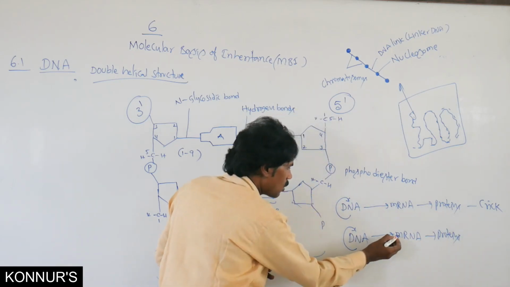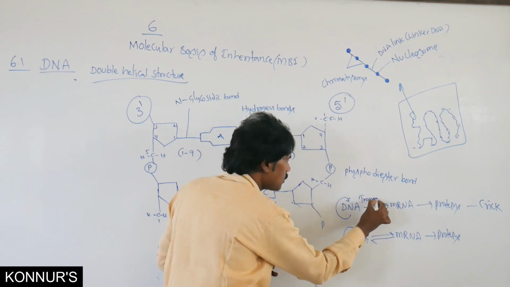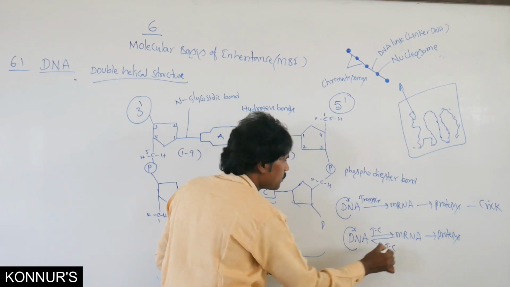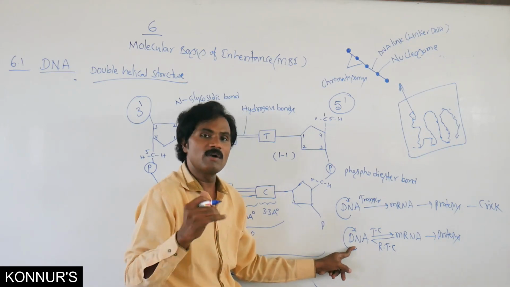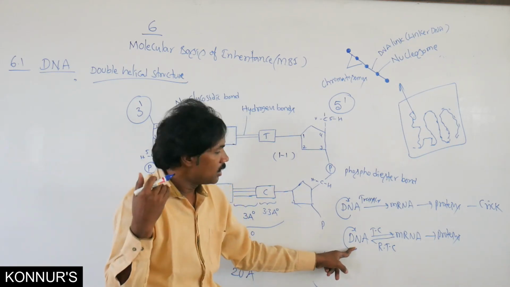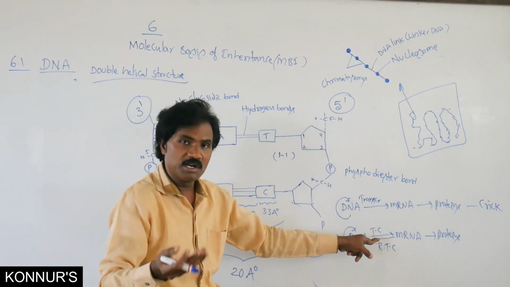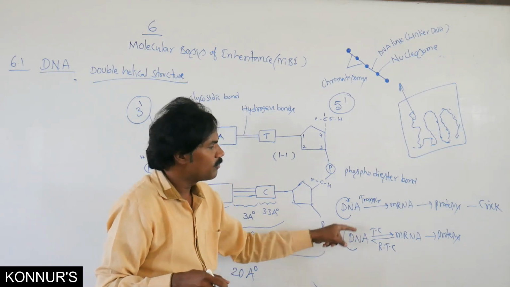Here there is transcriptase, and this is reverse transcriptase. From mRNA, DNA can form again. In some viruses like HIV, RNA is the genetic material, so after formation of RNA, it is reversely formed into DNA.